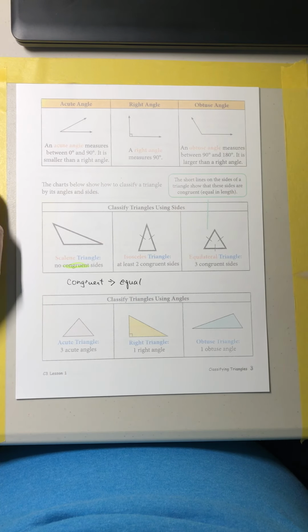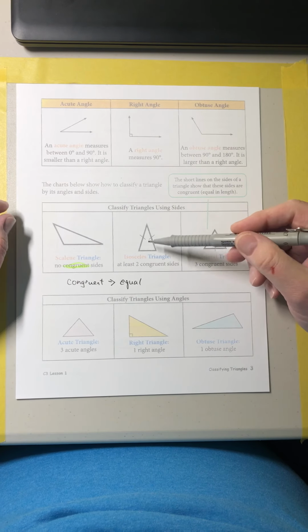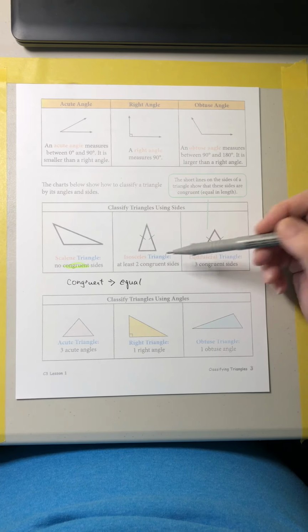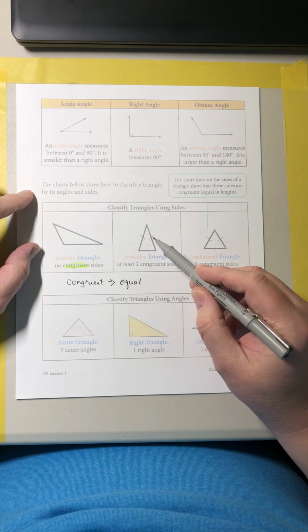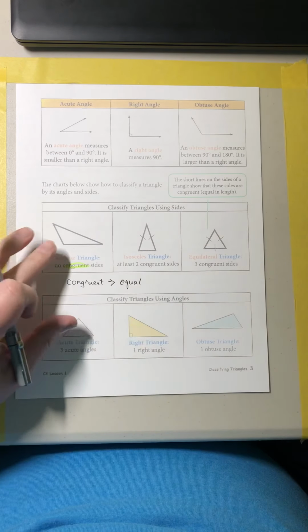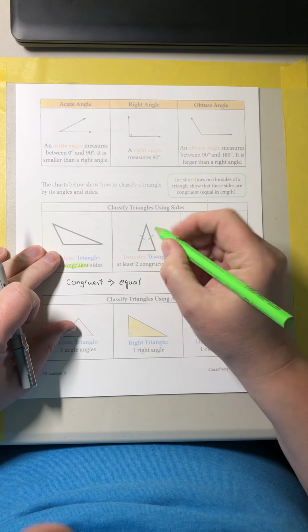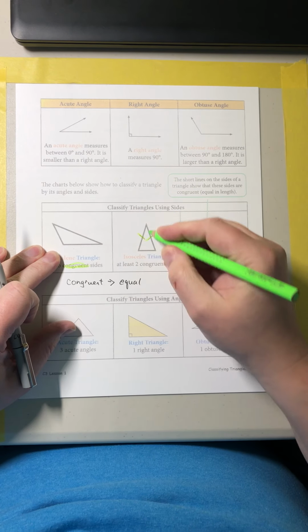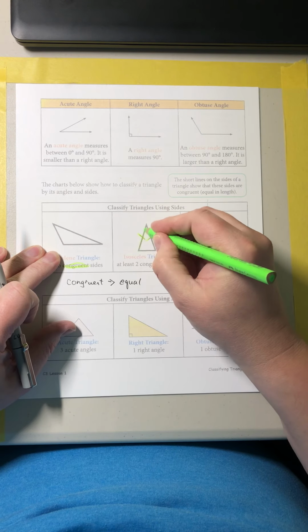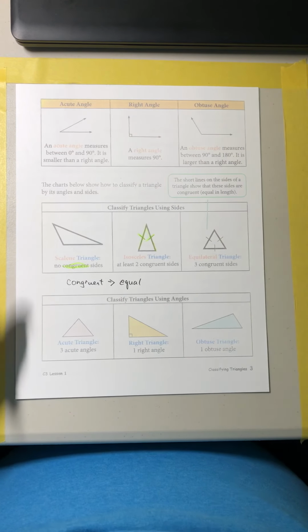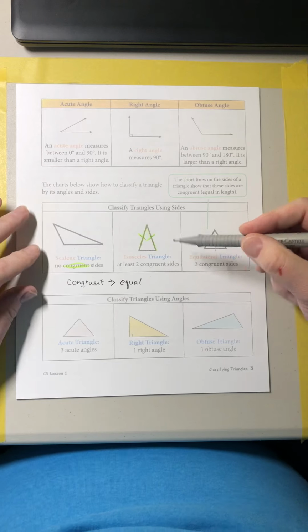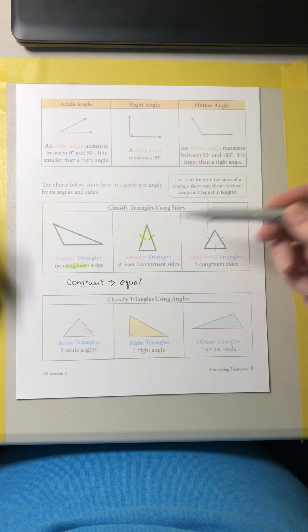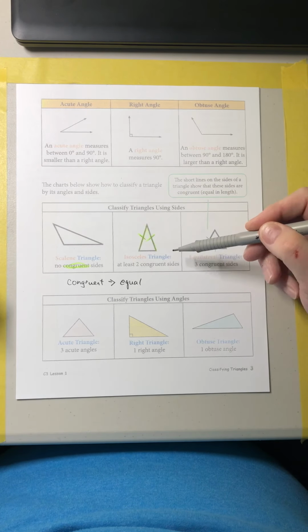Now, when we look at another triangle called the isosceles, you see these ticky marks here. Those ticky marks tell us that these sides are equal. So an isosceles triangle has 2 congruent sides. They're equal.